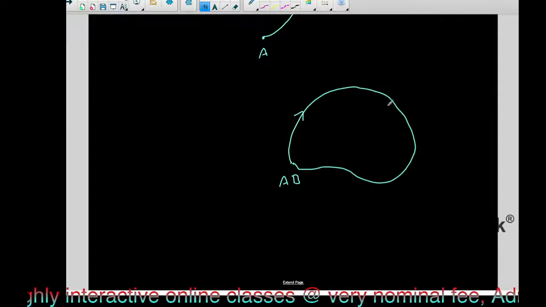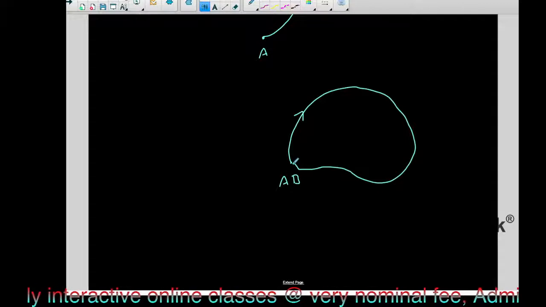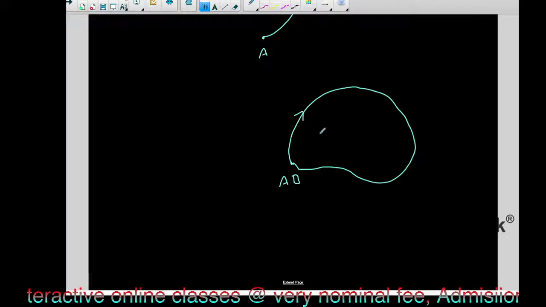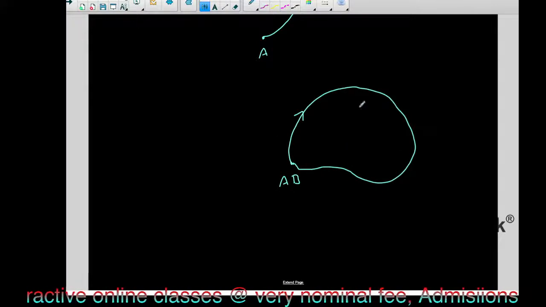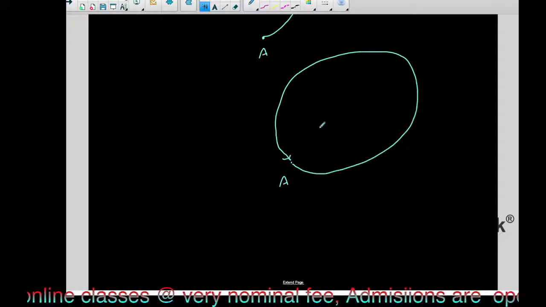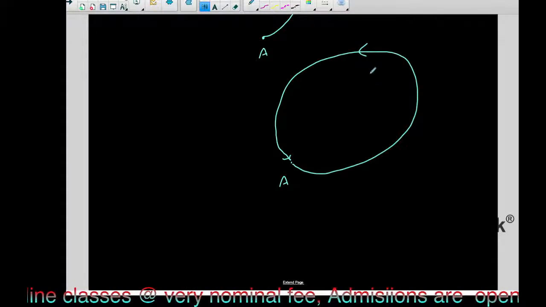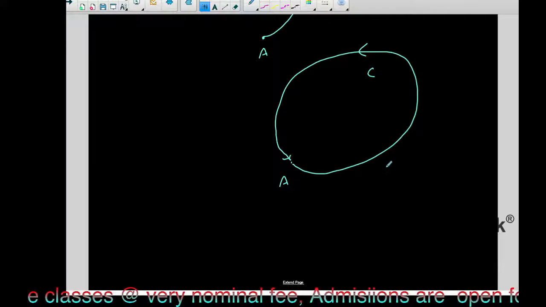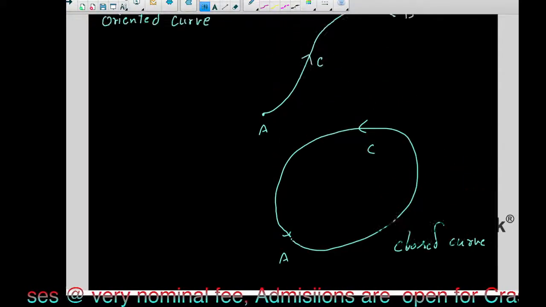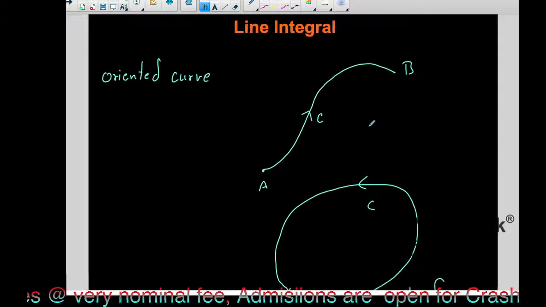We go from A to B, and both points coincide. If we go this way along this curve C, then such a curve is called a closed curve, right? And such curves are known as oriented curves, right?